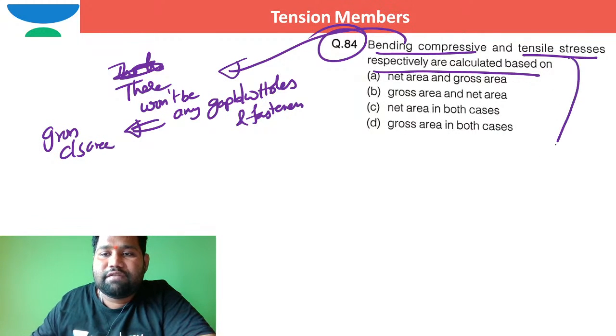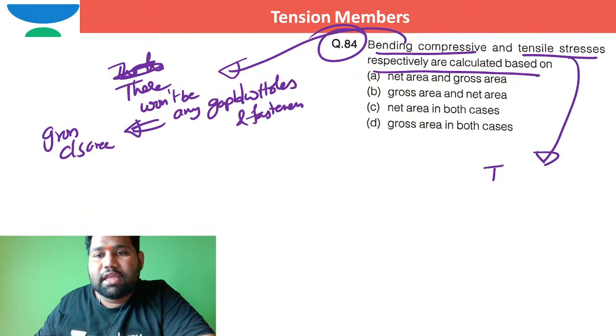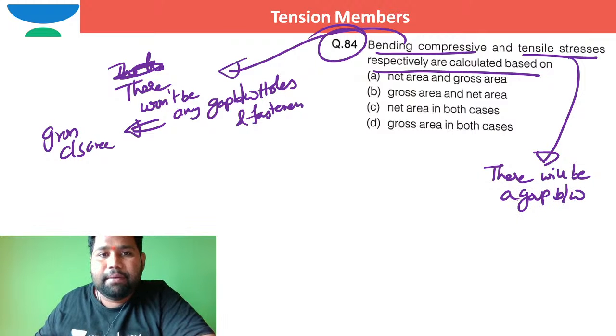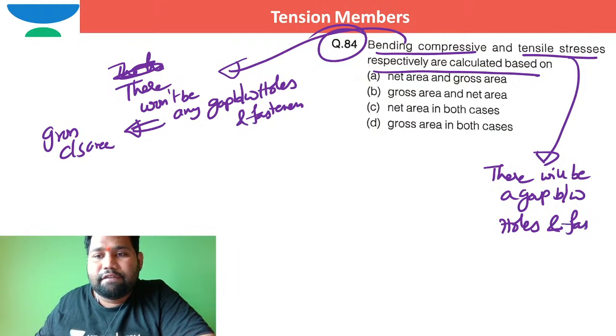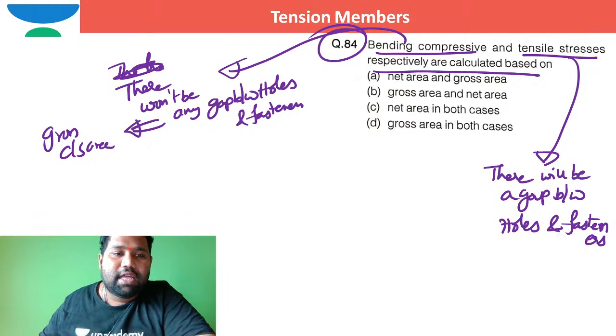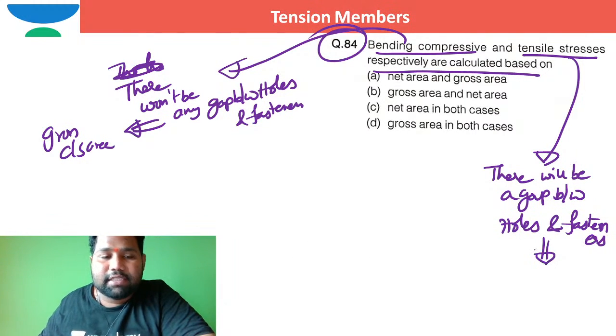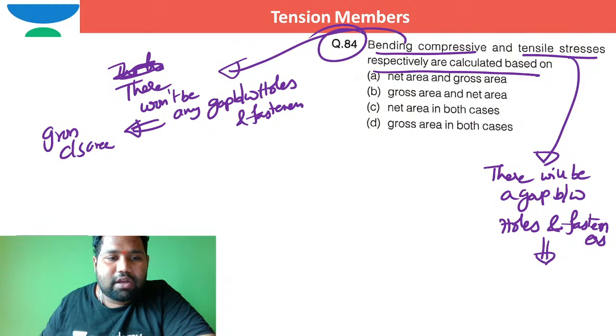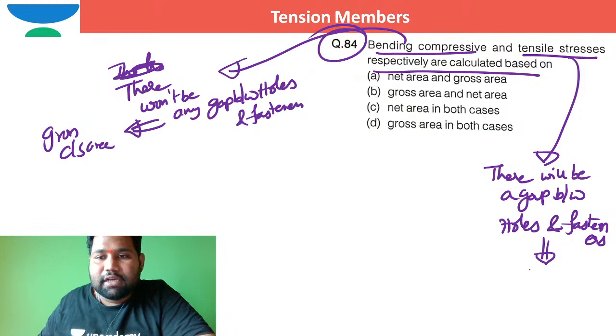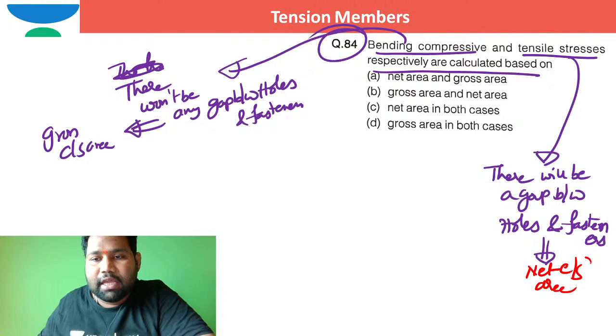Whereas in the case of tensile stresses, there will be a gap between holes and fasteners. When there is a gap between holes and fasteners, we need to use the net cross-sectional area.